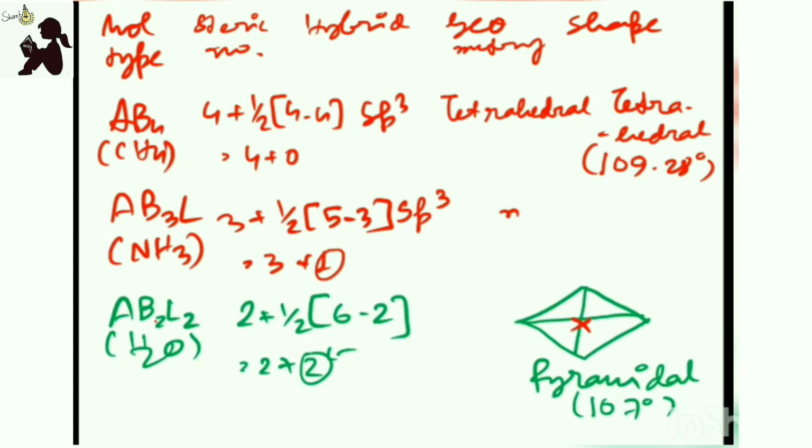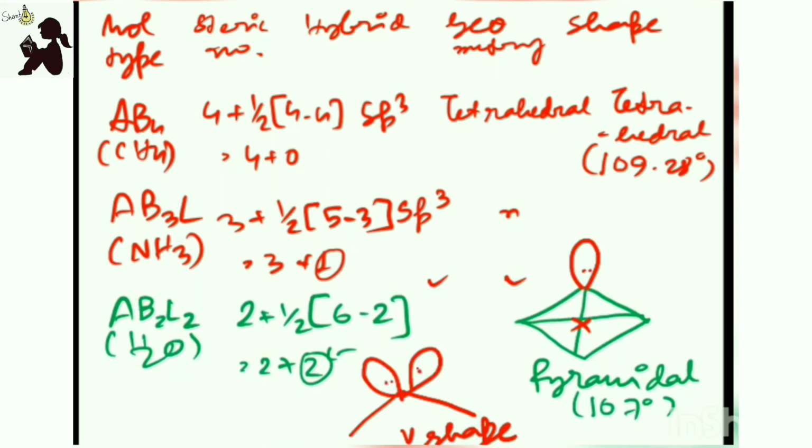So the shape will come like this for oxygen, for our H2O. What is this shape called? This shape is called V shape, but its hybridization will be sp3 and geometry will be tetrahedral. I have told you that shape is excluding the lone pair. H2O has two lone pairs. If we exclude the lone pairs, it will come V shape. But if we include the lone pairs, the geometry will come tetrahedral. But shape is excluding lone pairs, so it will come V shape. Its bond angle will be even lesser than nitrogen's, that is 104.5 degrees.